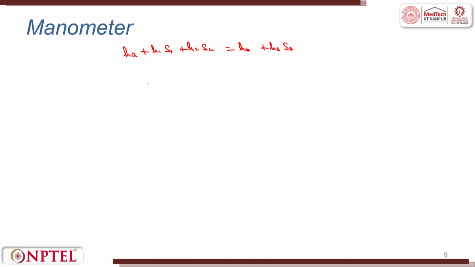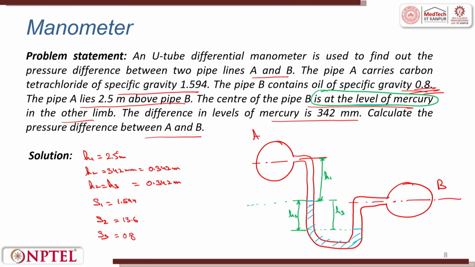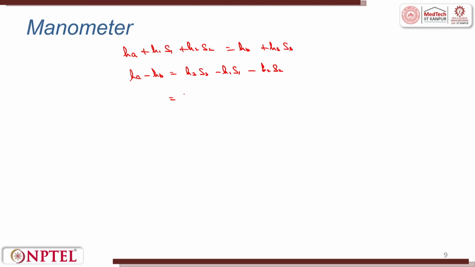So this becomes HA minus HB, this is equal to H3S3 minus H1S1 minus H2S2. Putting the values, H3 is equal to H2, which is 0.342, H1 is 2.5.